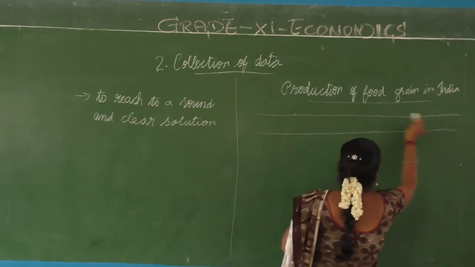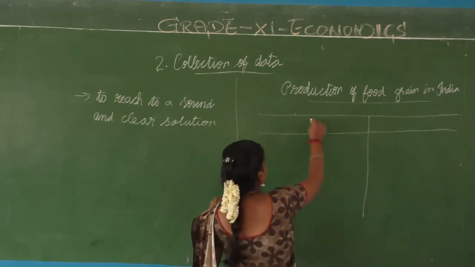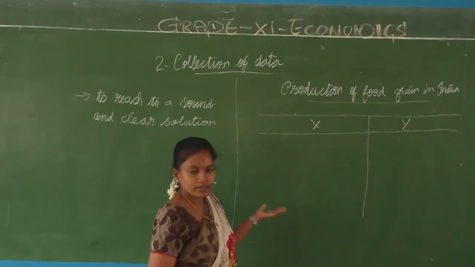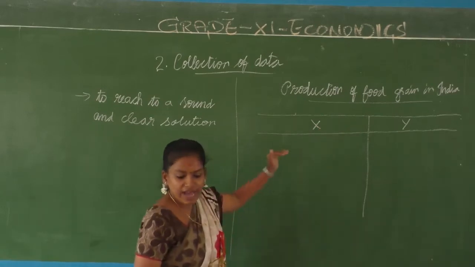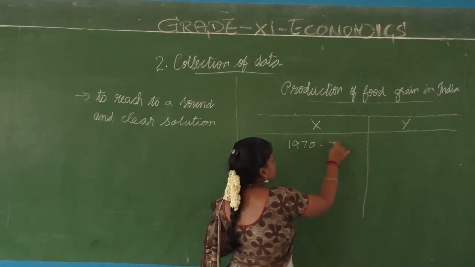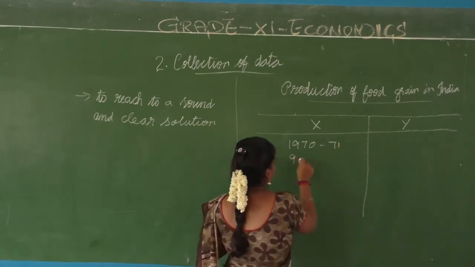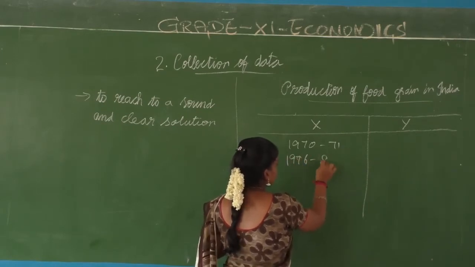So we have two different things here. One is called the X variable and one more is called the Y variable. Why do we call it a variable? Because these change, these vary, the values vary, like 1970 to 71, and it continues every 5 years once. 1976 to 81.